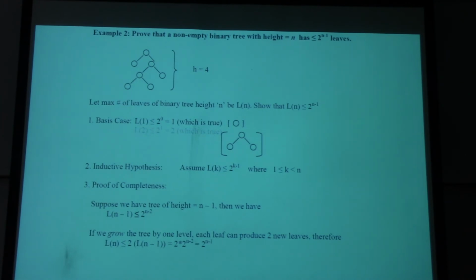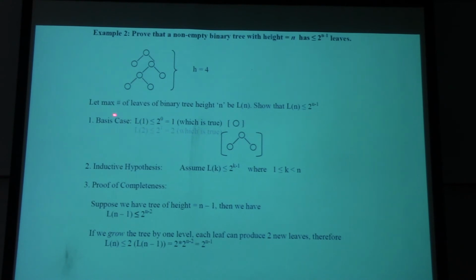So therefore, what we're seeing here is when we have L of 1, it's 2 to the 0, and when we have L of 2, it's 2 to the 1. So generally, when we have L of k, we're going to assume it's less than or equal to 2 to the k minus 1. We're always reducing the parameter by 1.